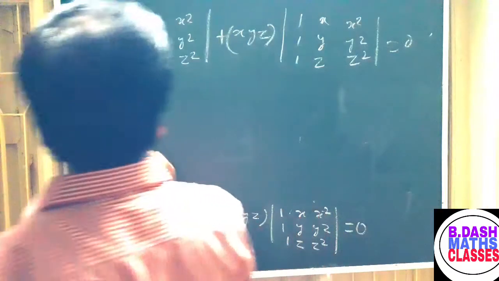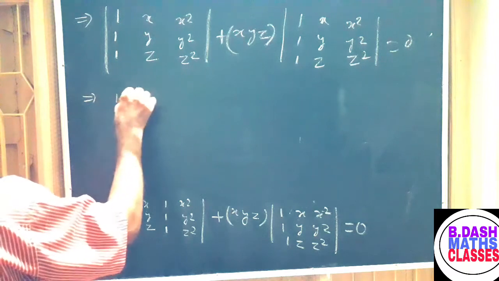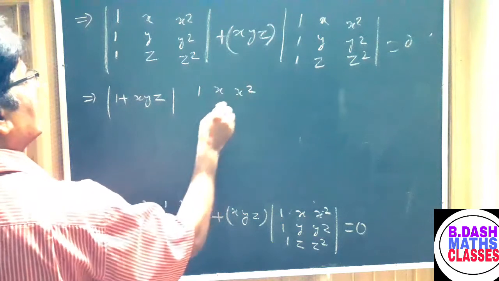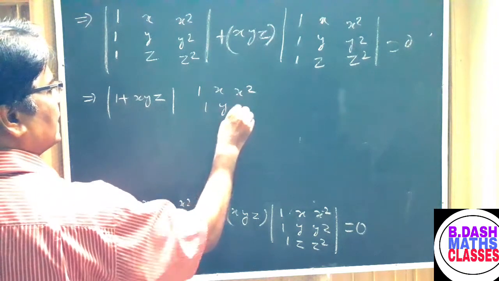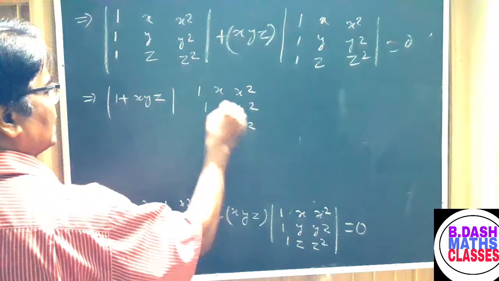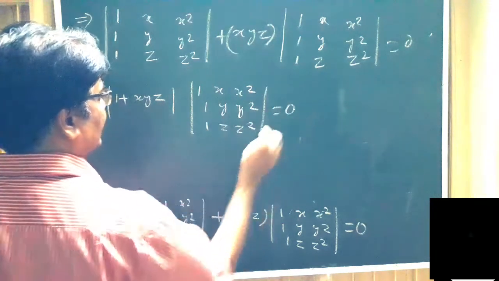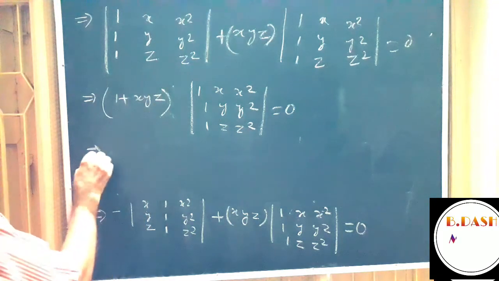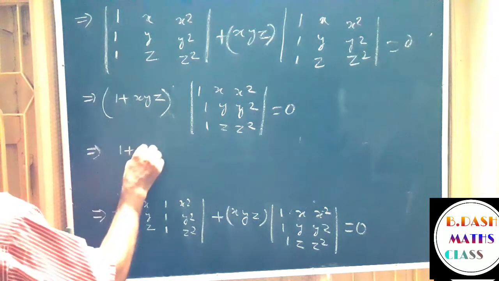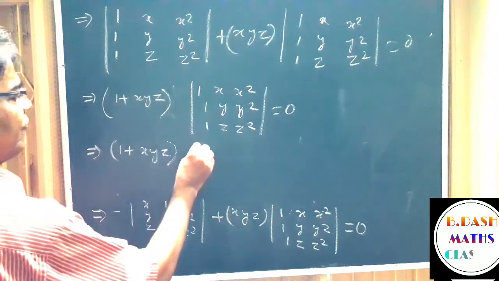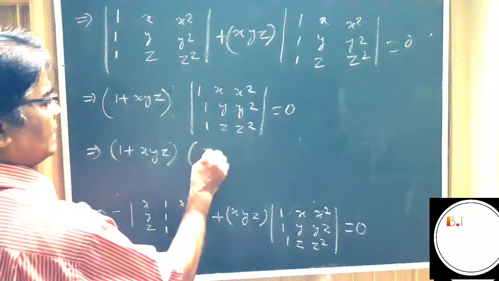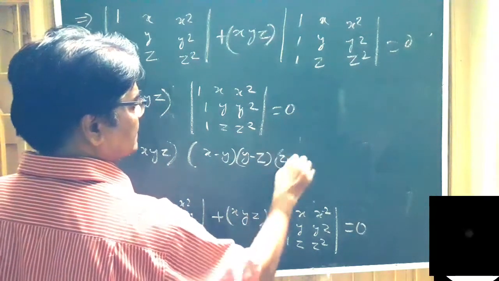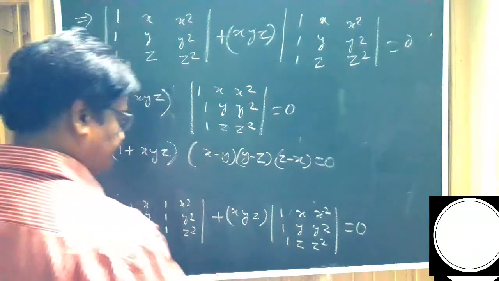So if you clearly observe, you can take common 1, x square, 1, y square, 1, z square. So this determinant is common and we can take it out, and this is the expression. So this is 1, x, y, z, and if we expand this determinant, x minus y, y minus z, z minus x is equal to 0.